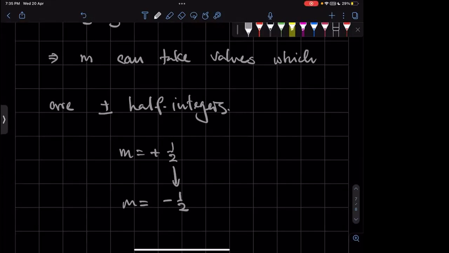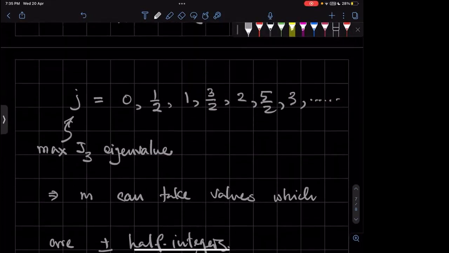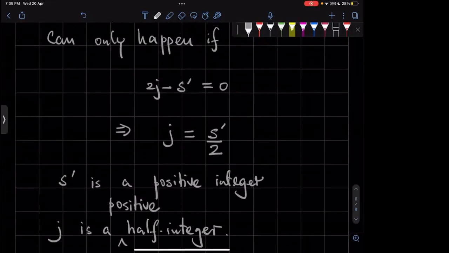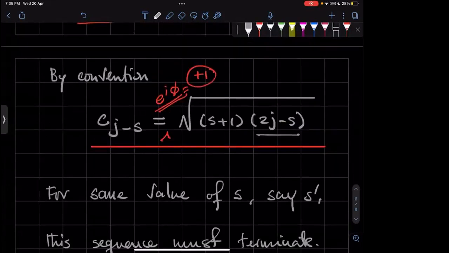Okay, so we will find out what is the lowest eigenvalue as well. So now what we want to do is express the value that we got in terms of the highest eigenvalue, J, and M. Okay.